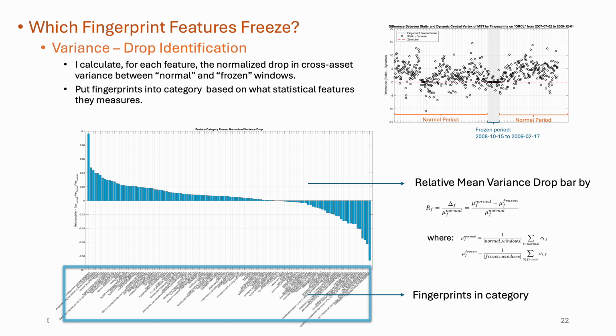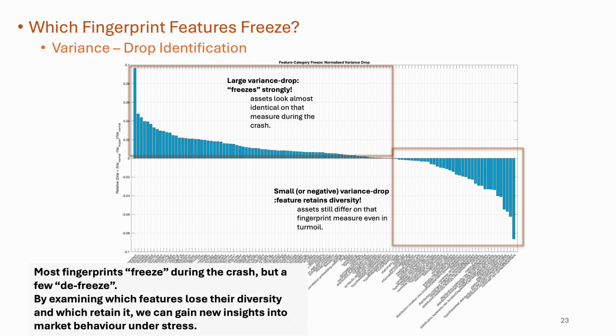On the bar chart, features are sorted left to right from the biggest to the smallest relative variance drop. We have also grouped them by category, like entropy measures, wavelet features, autocorrelation, and so on. Here is which fingerprints actually froze during the 2008 crash. The bars on the left show a large positive variance drop. Those measures collapse tightly, meaning all assets look almost identical on that fingerprint in the market frozen period.